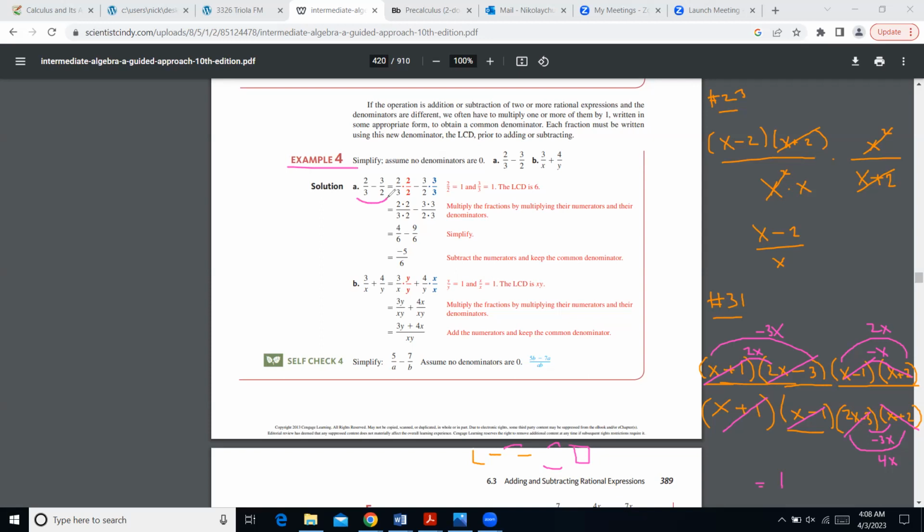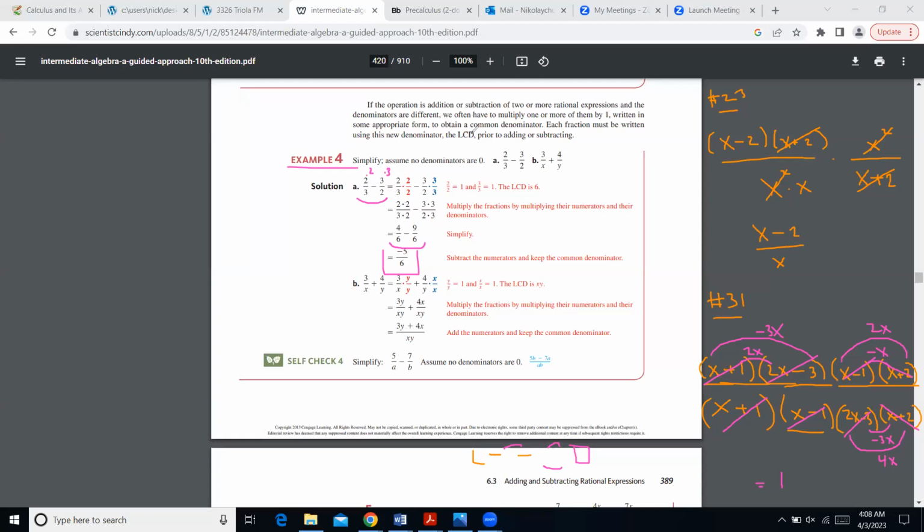When they subtract 2 fractions with denominators 3 and 2, the goal is to have the same denominator, to turn both denominators into 6. What people do is multiply 2 by 2 and 3 by 3. So that's how they get 4/6 minus 9/6, which is equal to negative 5 over 6.